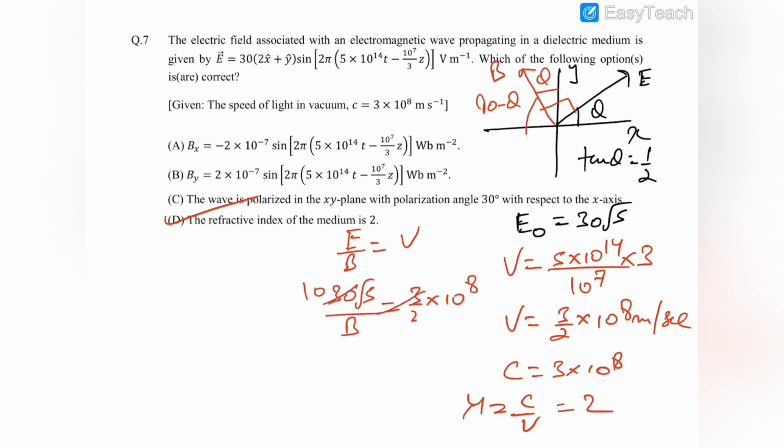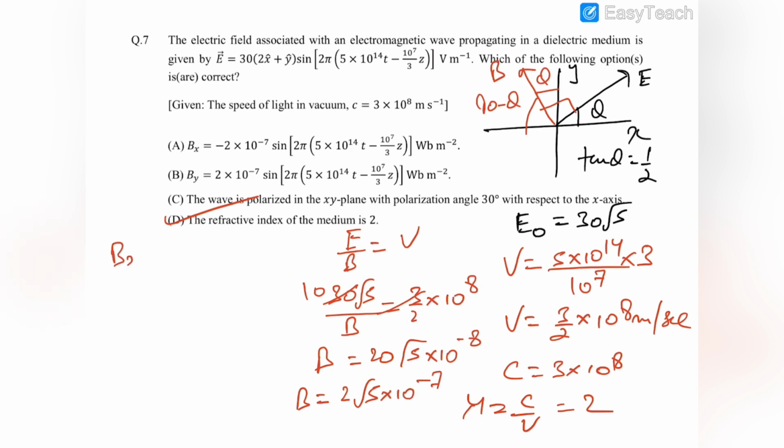So this is 10. So B is equal to 20 root 5 into 10 raised to power minus 8. So B is equal to 2 root 5 into 10 raised to power minus 7.